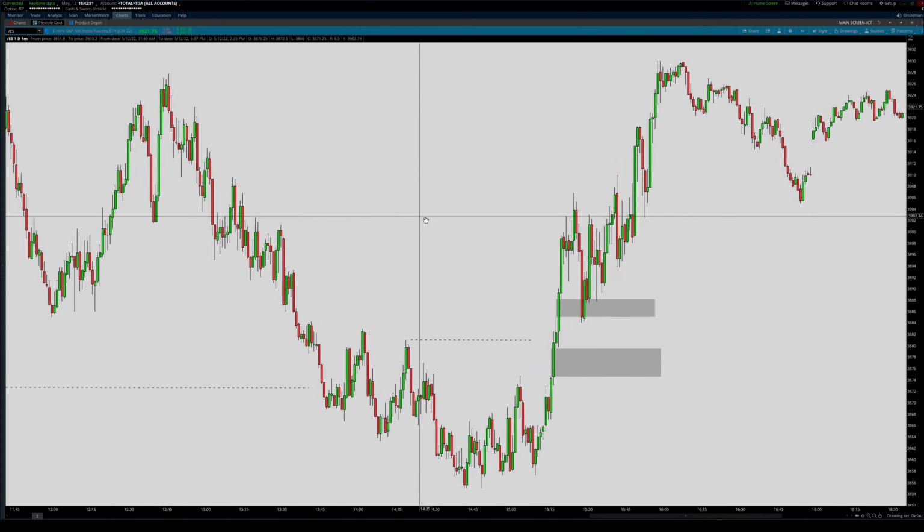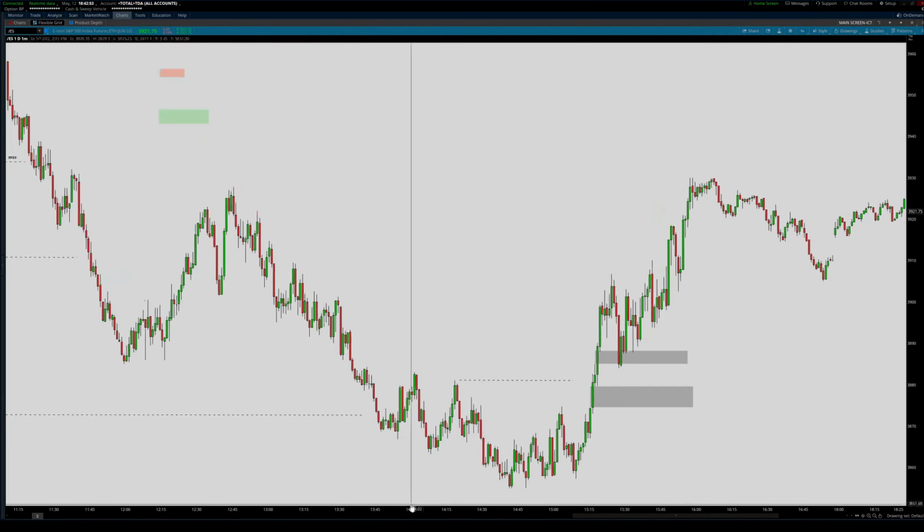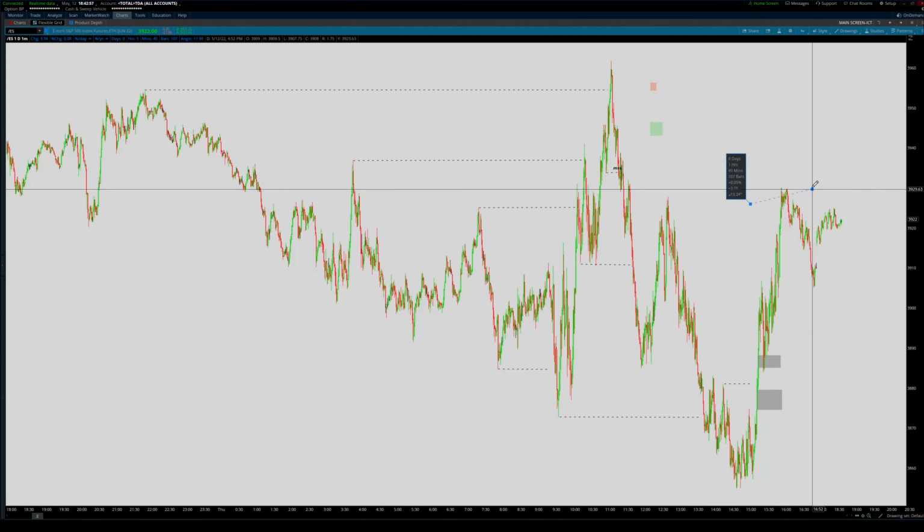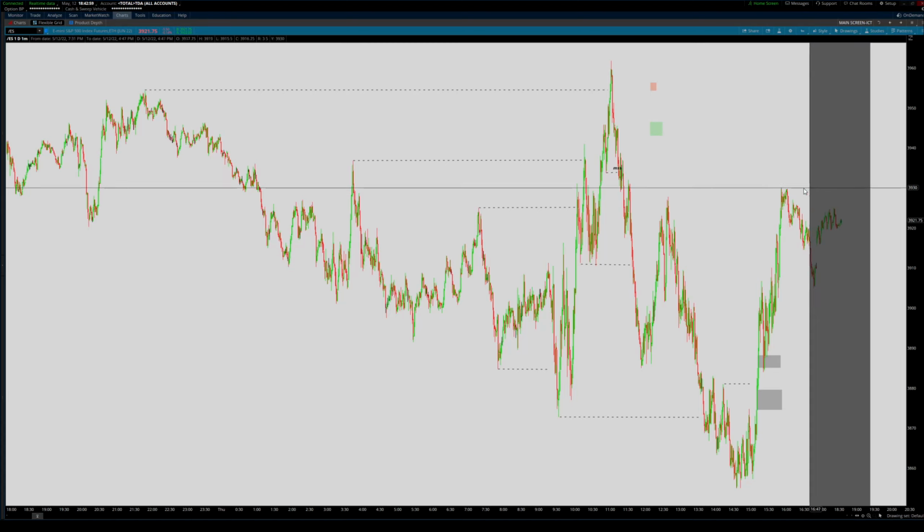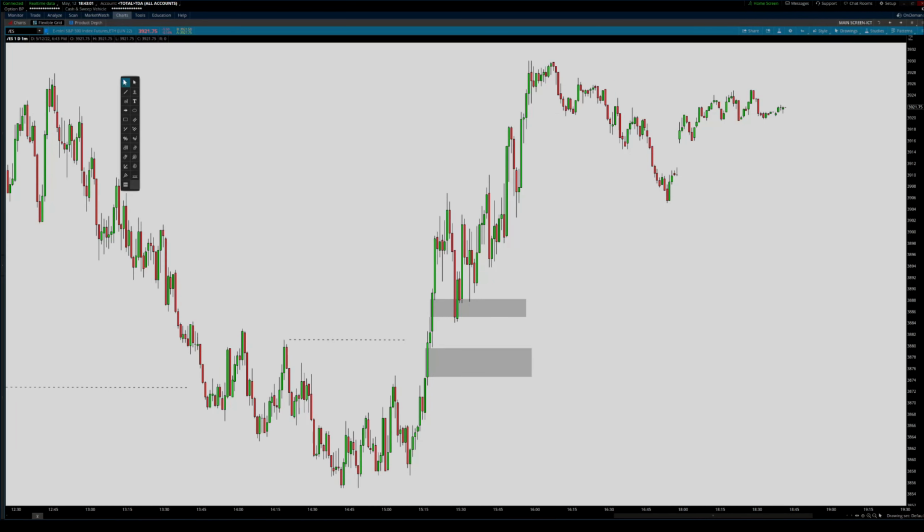Then once it holds, you're going to want to see this taken out, because that's where you're going to get more liquidity. Oops, let me fix that real quick. You're going to want to see this taken out, because that's where you're going to get more liquidity. And as you can see, taken out, short term low there, right? Once that breaks, we have a fair value gap here.